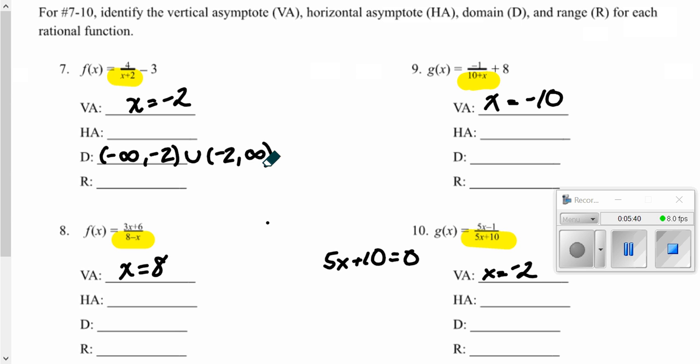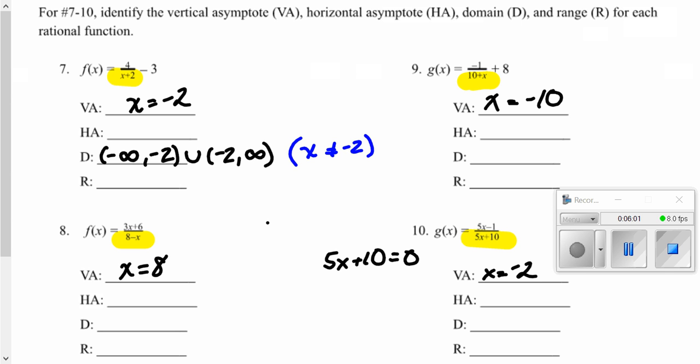So this is a very long way of just saying x can't be negative 2 for my domain. Okay? Just interval notation, very fancy. Okay, and I would do similar things for the rest of those. So just omit from your domain the value that you just found for your vertical asymptote.